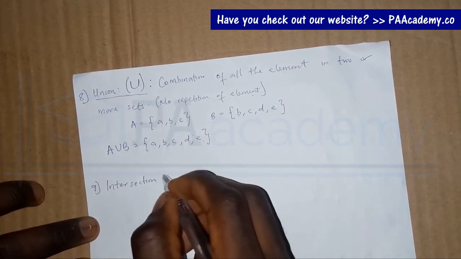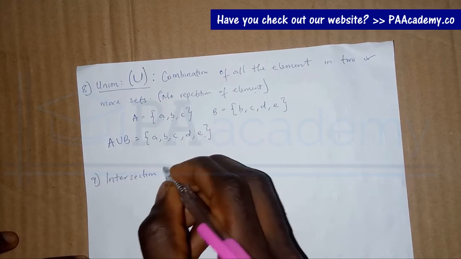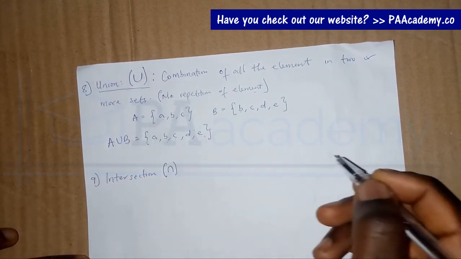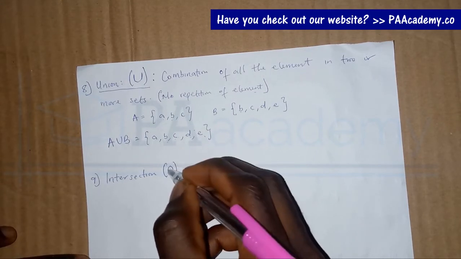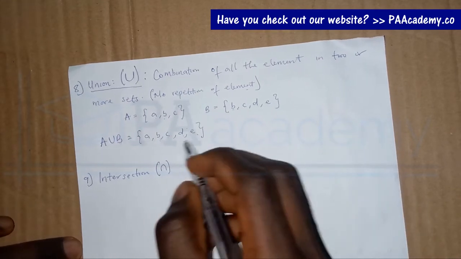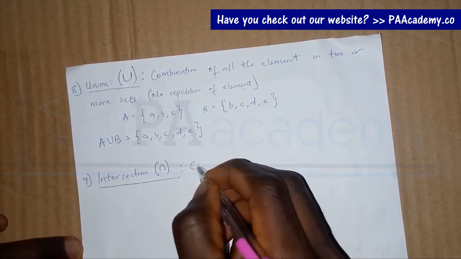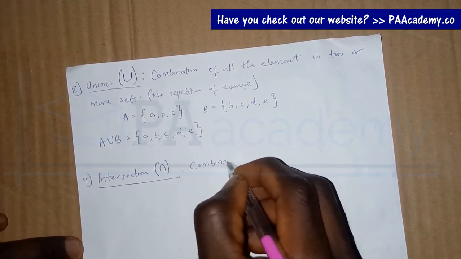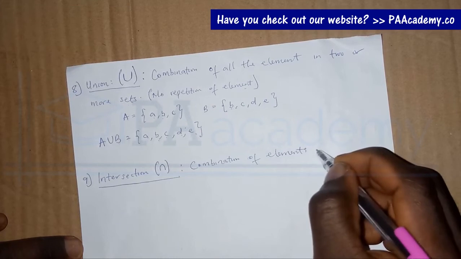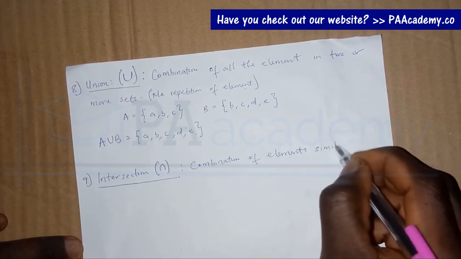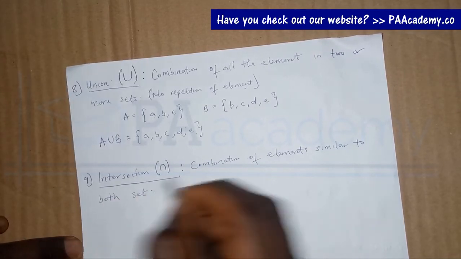Intersection has this symbol, exactly like N, but don't forget it won't have that stroke that comes up, just a curve like this, like N. So for intersection, you can call it a combination of elements similar to both sets. Similar to both sets. Exactly.